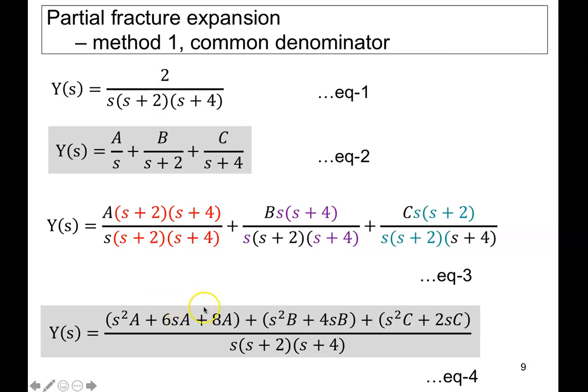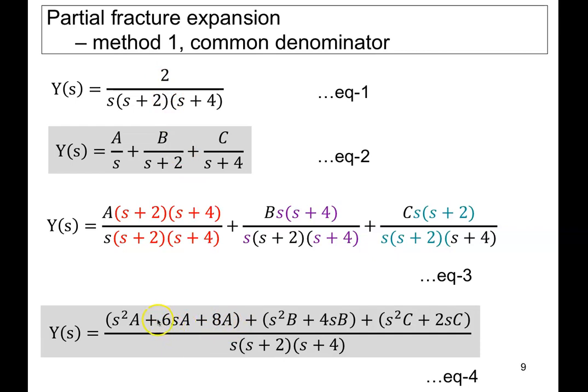But if I examine equation number 4, how many terms do we have without s or s squared? There's only one term. So it's 8a, that's only one term without s. That 8a equals 2. How many terms do we have with just s in there?